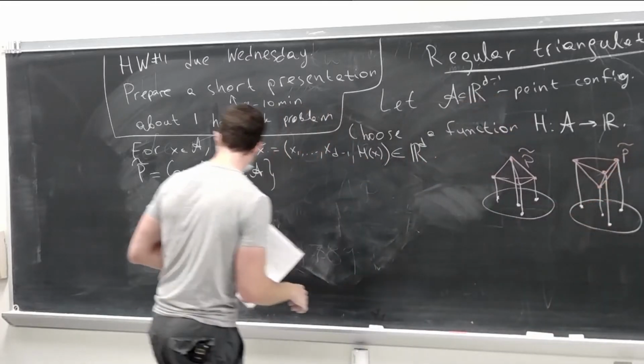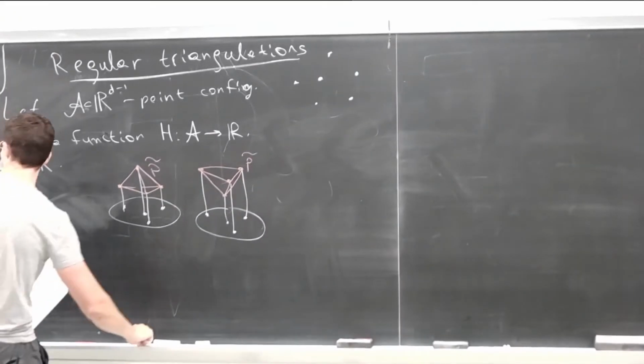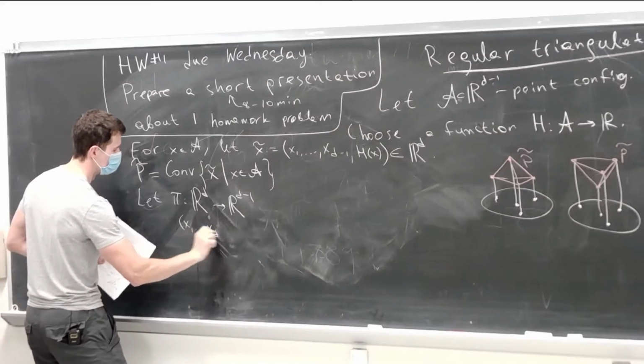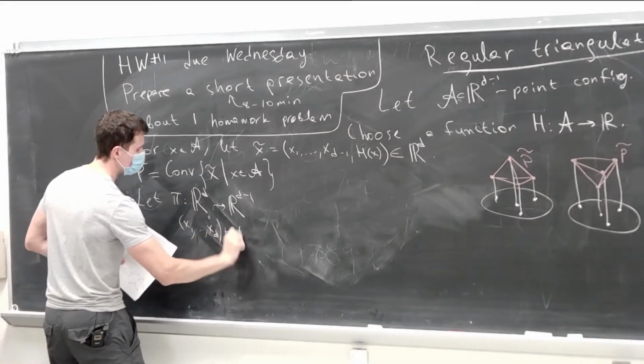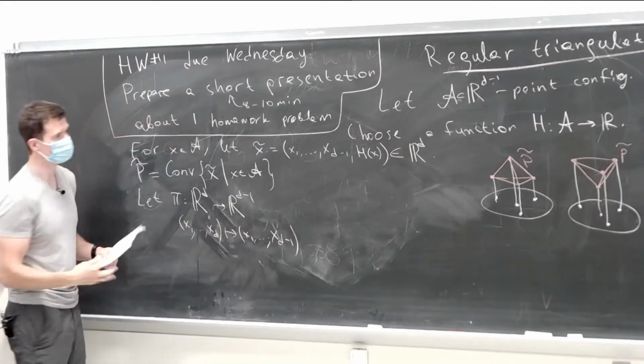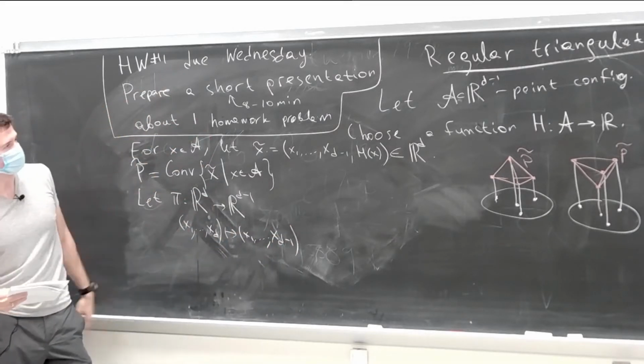So now finally, let pi be the projection from R to the d onto R to the d minus 1, which sends x1 up to xd to x1 up to x d minus 1. Just forget the last coordinate, back onto the plane.